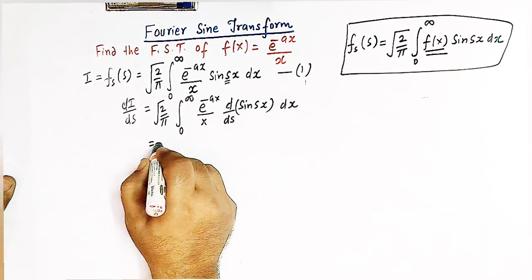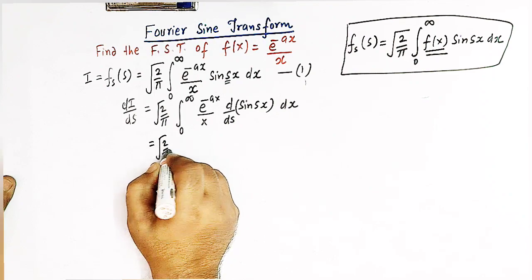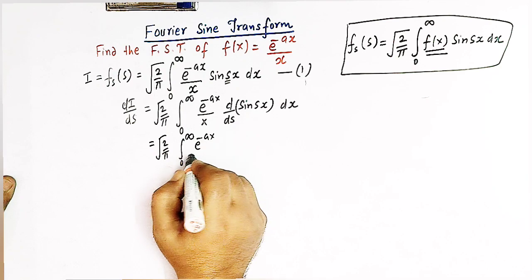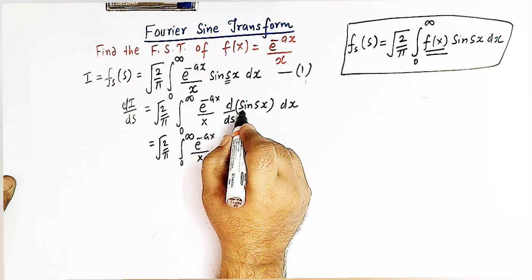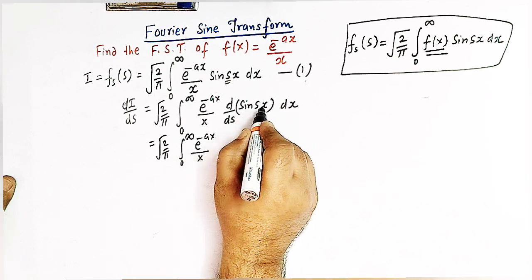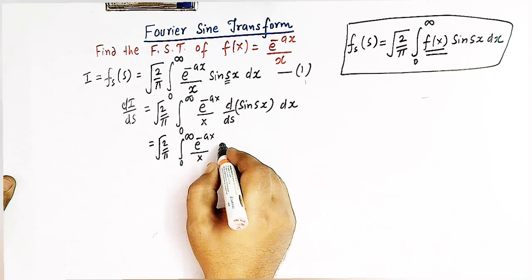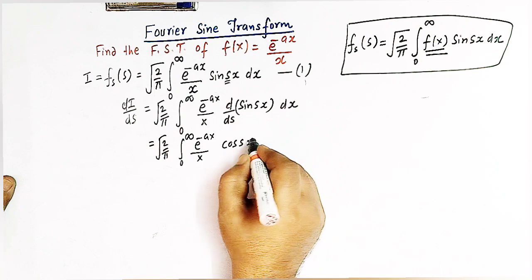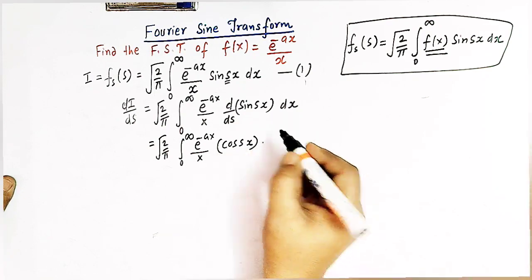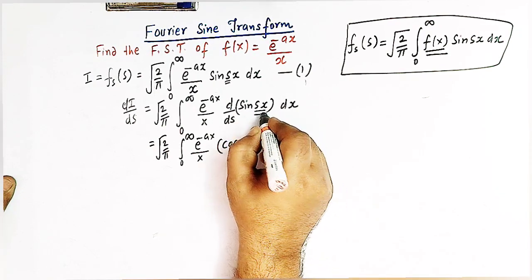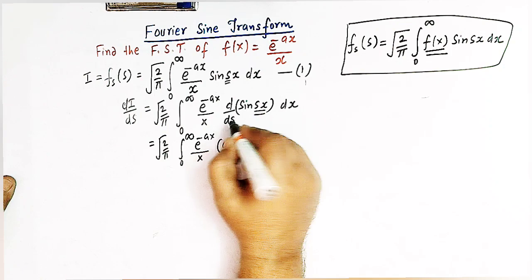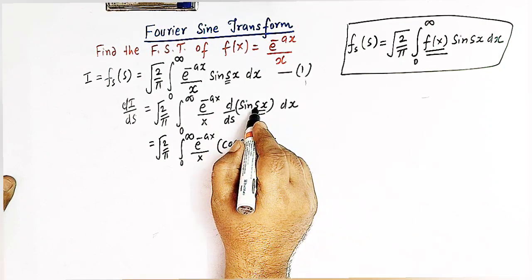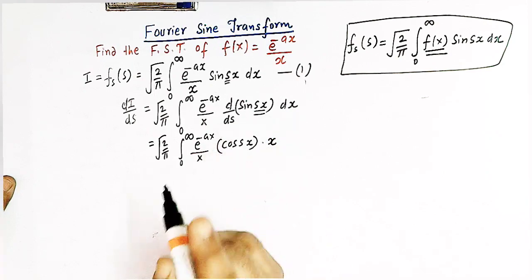The derivative of sine sx with respect to s is cos sx, and then by chain rule the derivative of sx with respect to s is x, because the derivative of s with respect to s is 1.